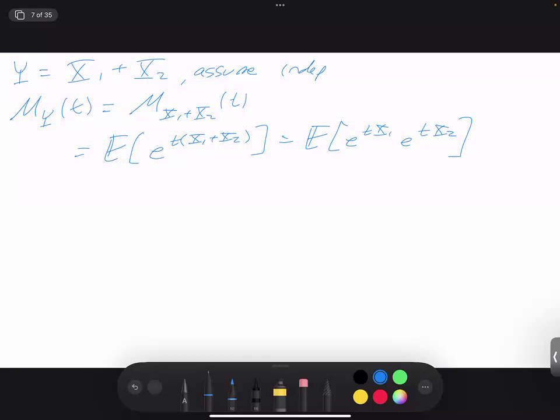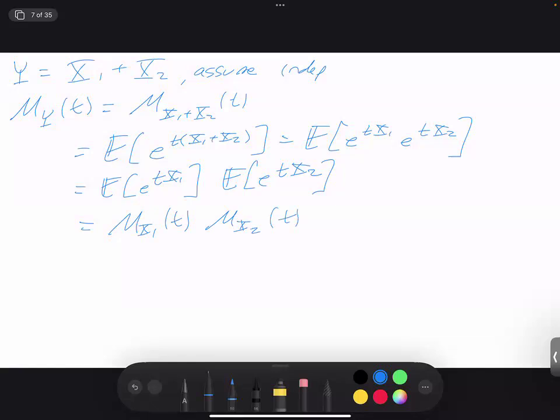And you write this down as a double integral over the variables x1 and x2, and you realize, oh, there's no interaction between them. So this is then the same as the expected value of e to the t x1 times the expected value of e to the t x2, which is just the moment generating function of x1 times the moment generating function of x2. And so we get the following theorem.